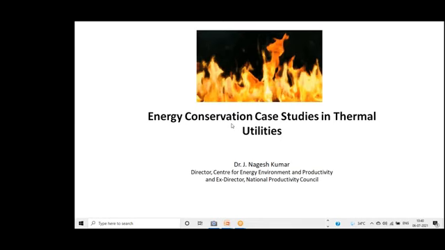The heat that is generated by this fuel, we are trying to use in different applications to convert a product or run a process, for various heating applications or melting applications. The whole objective of energy conservation here has to be approached from what is popularly called the cradle to grave.